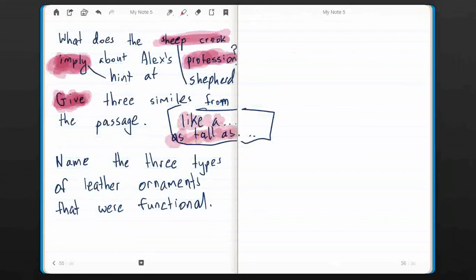The other one is name the 3 types of leather ornaments that were functional. So this is name. It's just the same as give above. You just have to write them down in the exam. So the first thing you should do is find what is leather. When do they talk about leather in the story? And what are the leather ornaments? Ornaments are things that are decorations, okay?